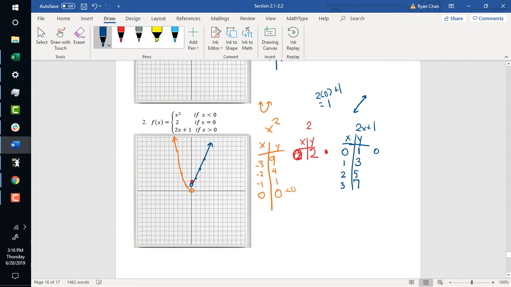One last thing about this graph is that we can clearly see, if I draw my vertical line test, it will actually pass because I'm only going through one point. Even at x equals 0, these two holes don't exist. When we draw a hole, let me remind you, the holes don't actually exist on that graph.